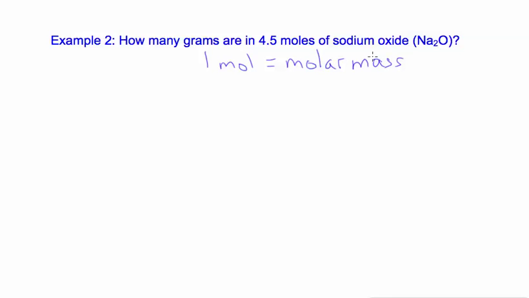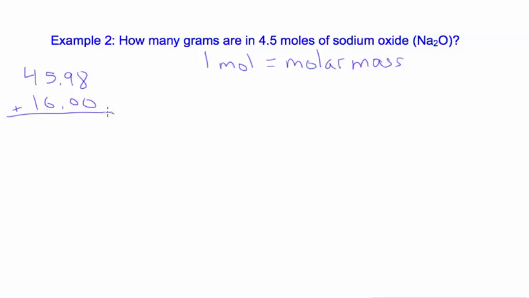This means we need to find the molar mass of sodium oxide. So we look for sodium on our periodic table, and we get 22.99, and we have 2 of them. So we do 22.99 times 2, and that gets us 45.98. And we have 1 oxygen, which is 16.00.